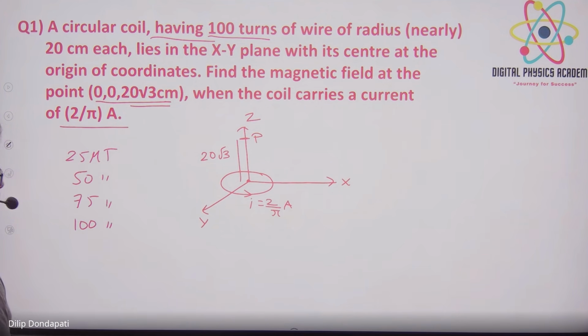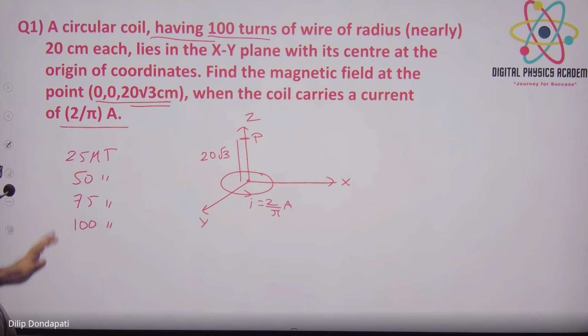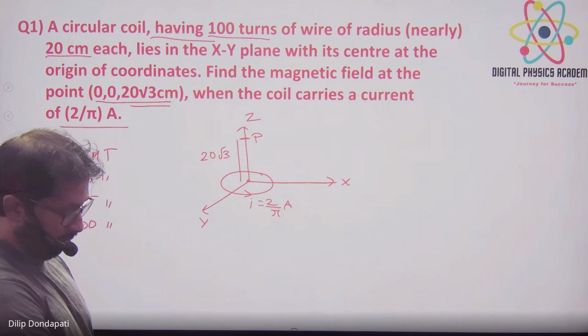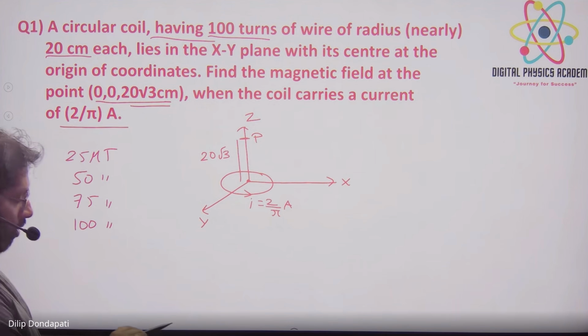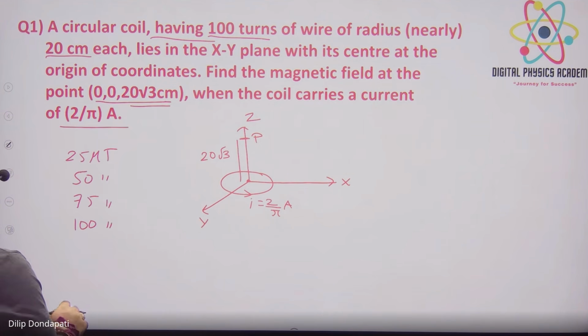फॉर्मूला मानो सात्विक. Mu naught I a square by 2 times of a square plus x square. A is a radius. Radius is 20 centimeters. They told you. Solve करो. सेंटीमीटर्स को मीटर्स में कन्वर्ट करना पड़ेगा.